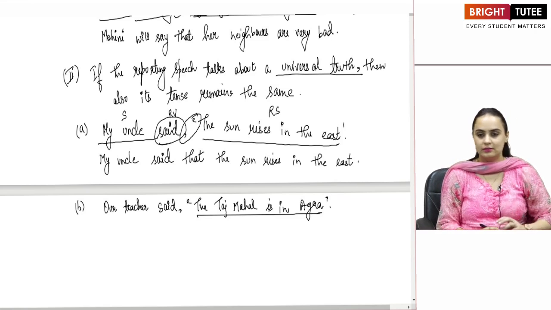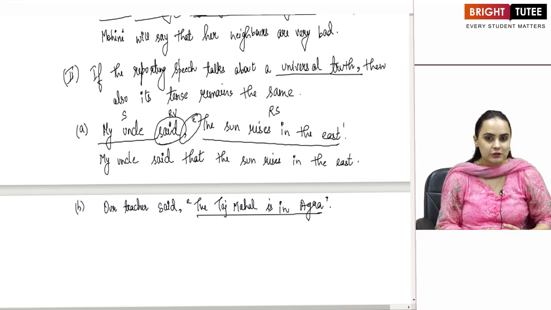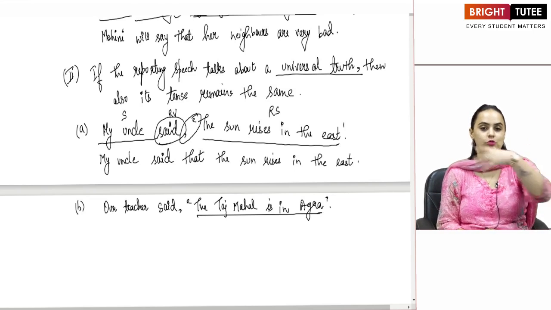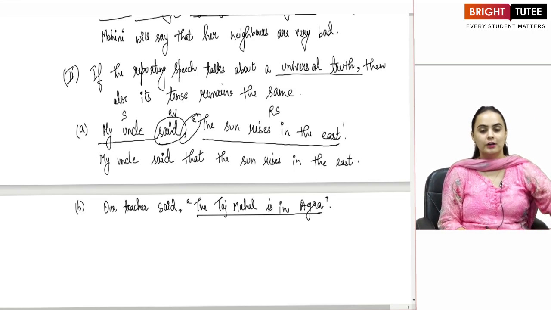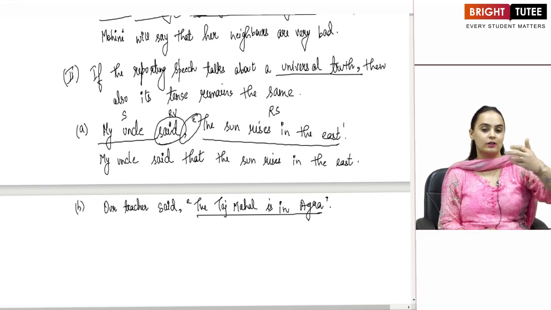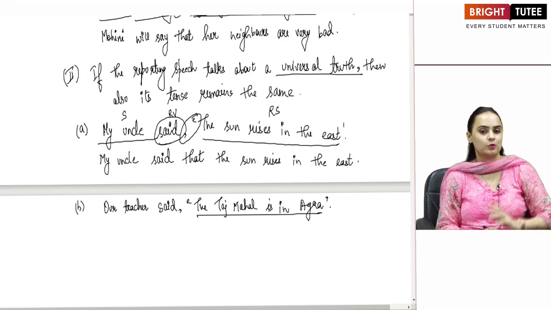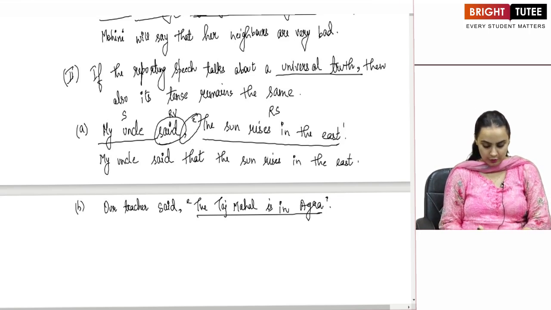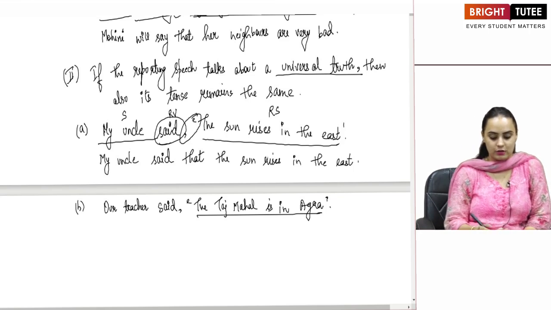You and me, even if we want, we cannot shift it to Delhi or to any other place for that matter. We cannot shift it to Kolkata or to Chennai or to Hyderabad. No. So this is a universal truth. How do we change it into indirect speech now?